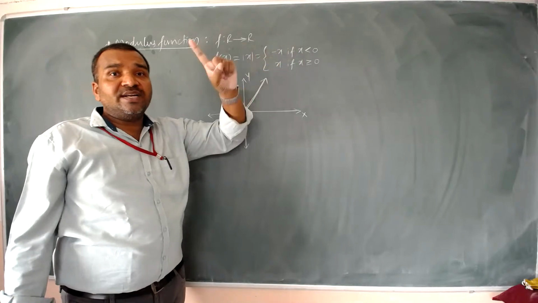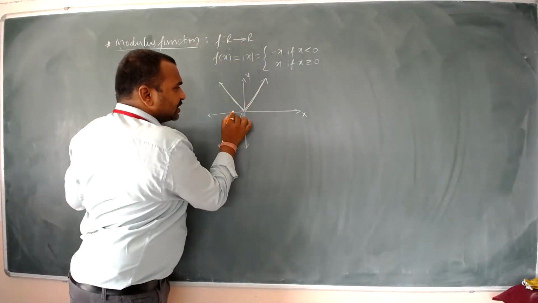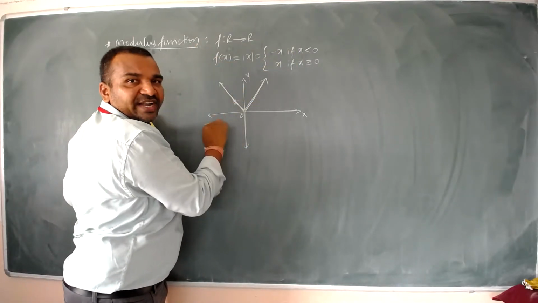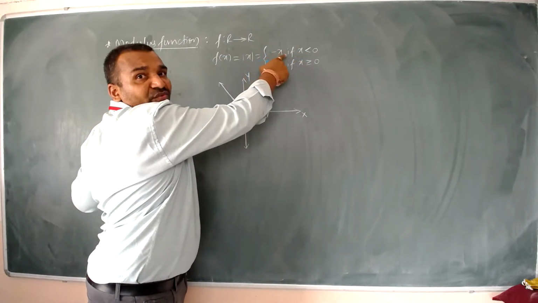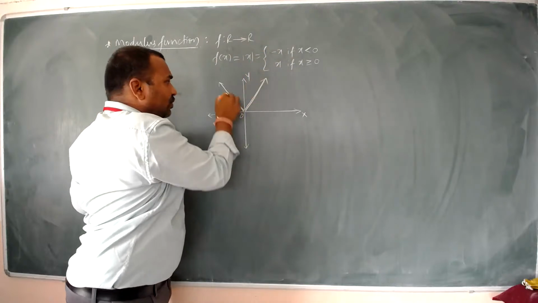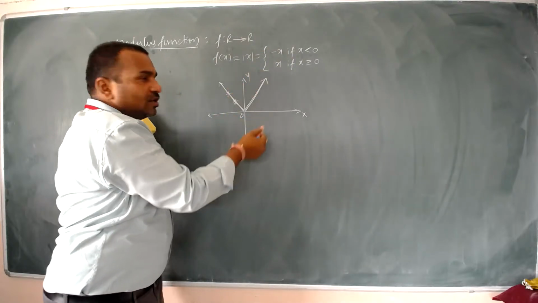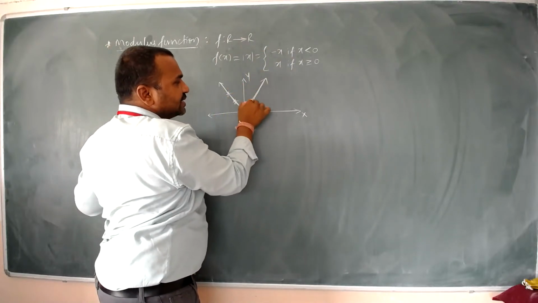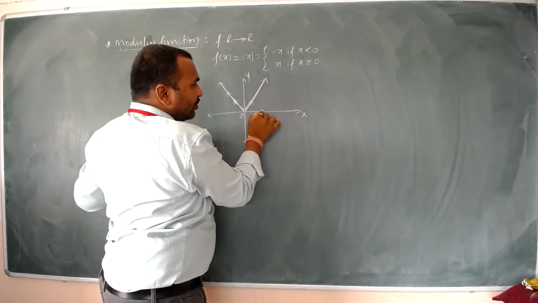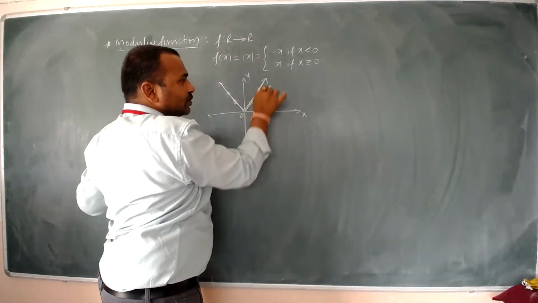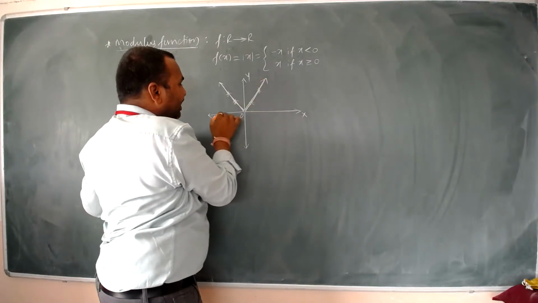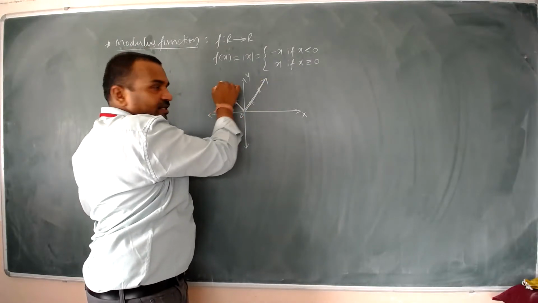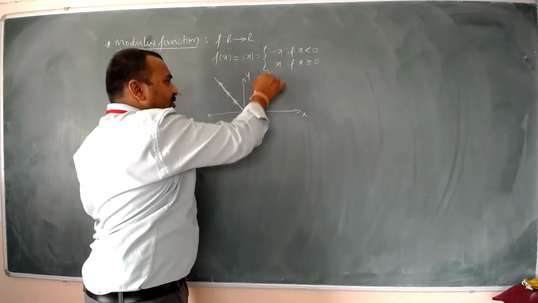Minus of minus 1, that is 1. If x is minus 2, then mod x is minus of minus 2, that is plus 2. If x is positive, it is as it is. If x is 2, the answer is 2. If x is 3, mod x is also 3. If x is minus 3, mod x is 3. So the graph should be like this.